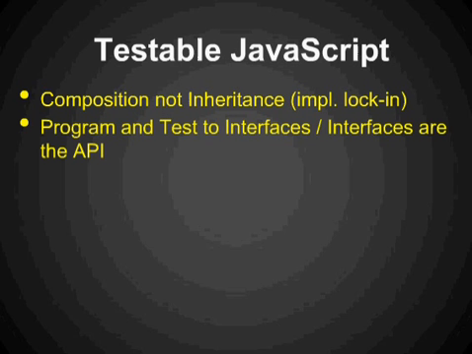We can slice and dice these very small targeted objects really easily to combine them, which gets us the nice loose coupling that we're all excited about. We program and we test to the interfaces. The interface is the API.